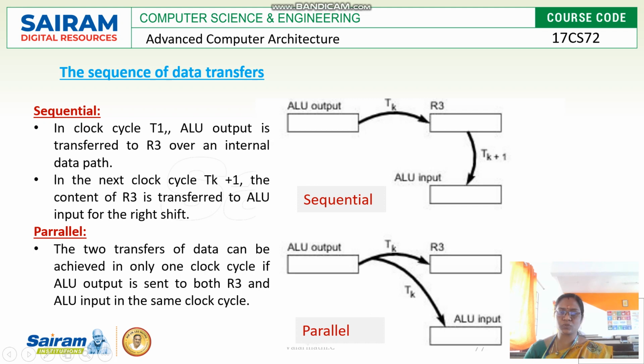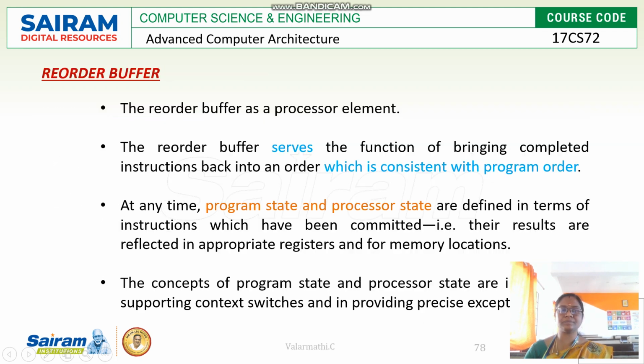In the parallel way, the transfer is done in a single clock cycle: the value from the ALU output is transferred to both R3 and the ALU input at the same time.